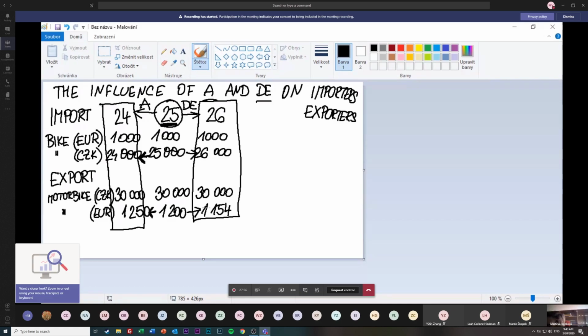So there will be decrease in imports. And the exported products in the foreign market are cheaper, so there will be increase in exports.